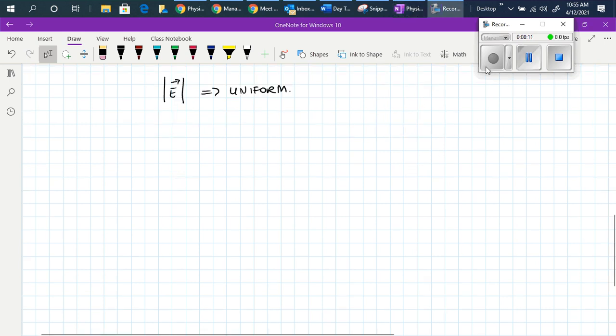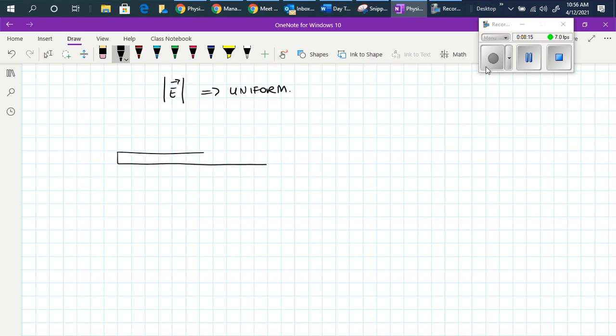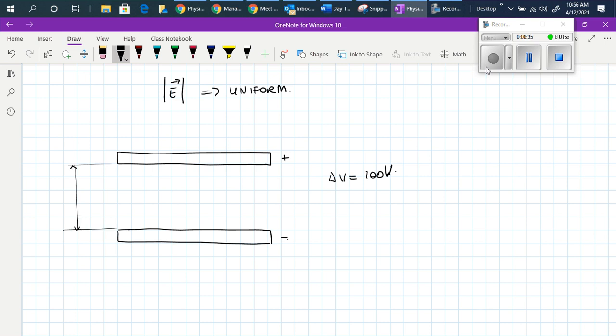So now let's suppose that you have two parallel plates, so that this is positive and this is negative, and for simplicity we will say that the change of voltage between the two is 100 volts, and the distance between the two parallel plates is 10 millimeters.